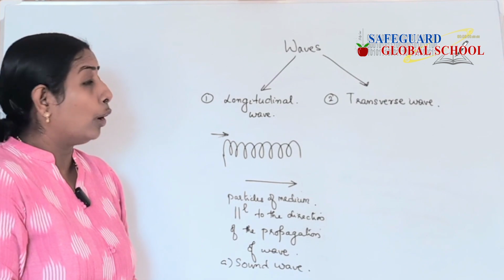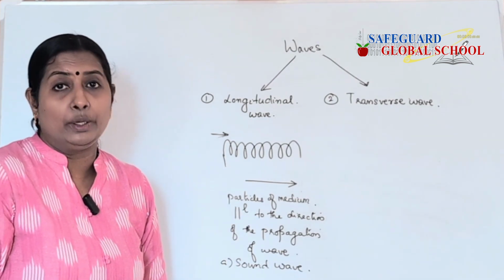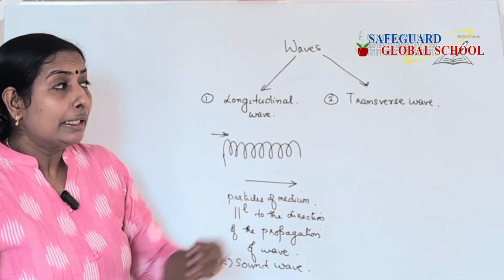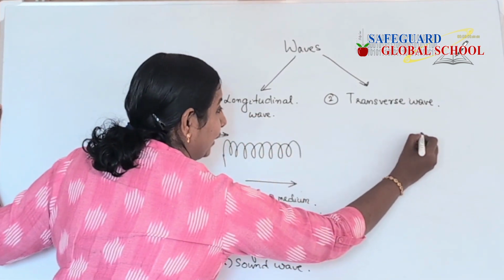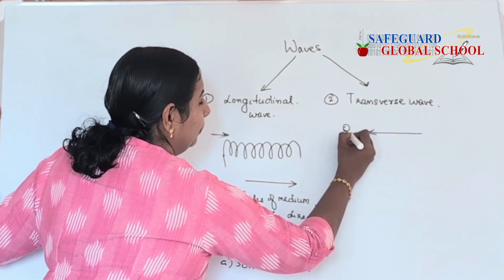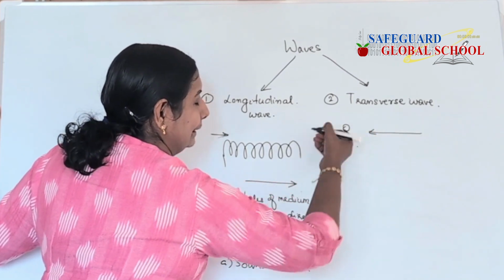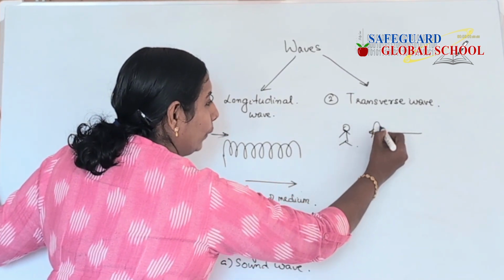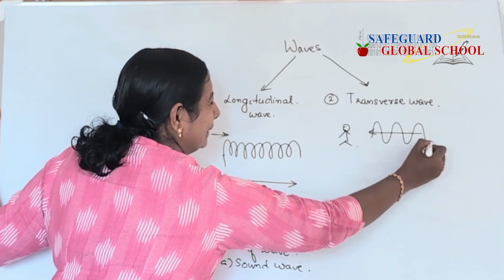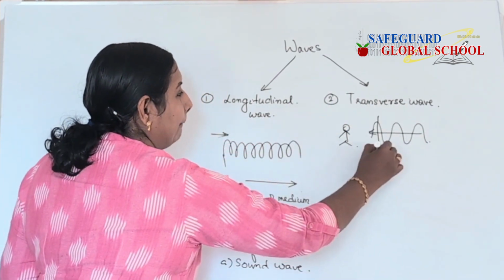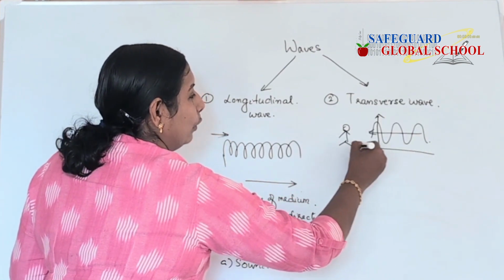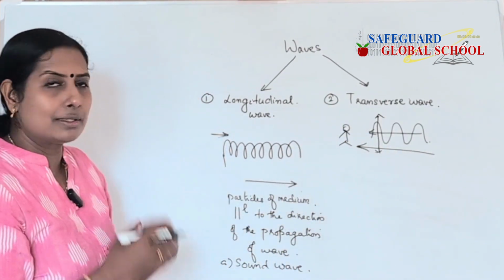You might have gone to a seashore to watch waves. So we know that the wave is advancing in our direction, right? If we are standing here, a wave is advancing like this. But we know that the waves are always seen like this, right? So the particles of the medium are going up and down, but the wave is advancing towards us, right?